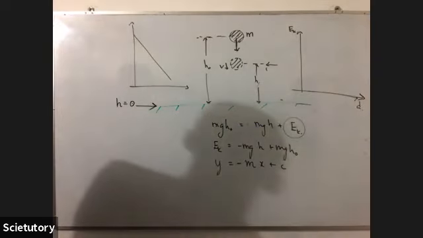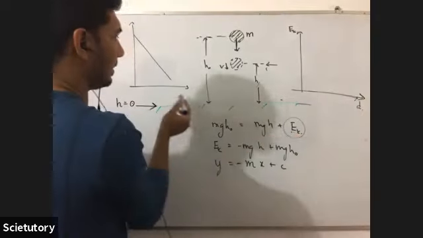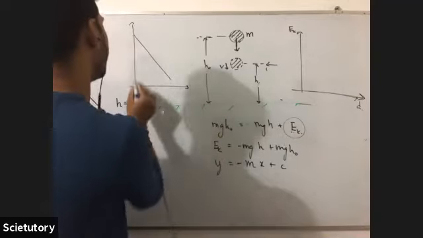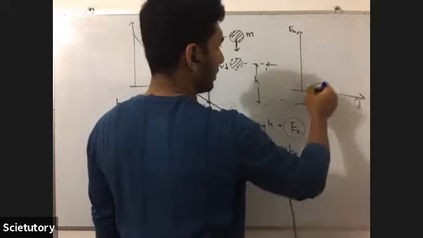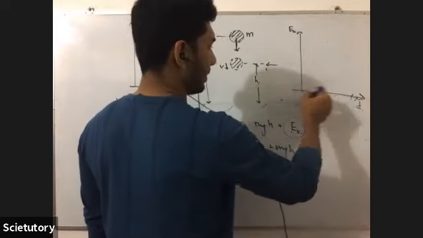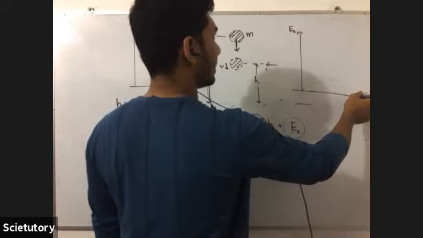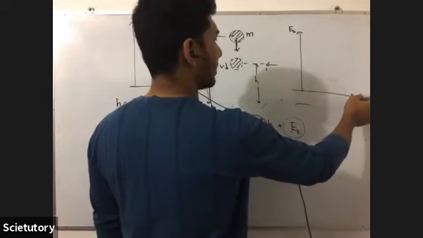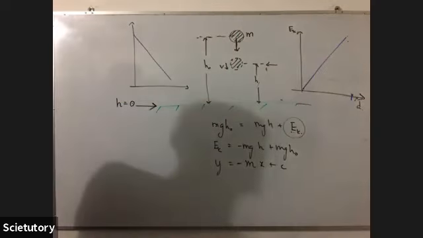Students, is it wrong? Did I write it correctly? At h equal to 0, the kinetic energy is maximum. Yeah, it's correct. It should be like this, no? Kinetic energy is maximum.